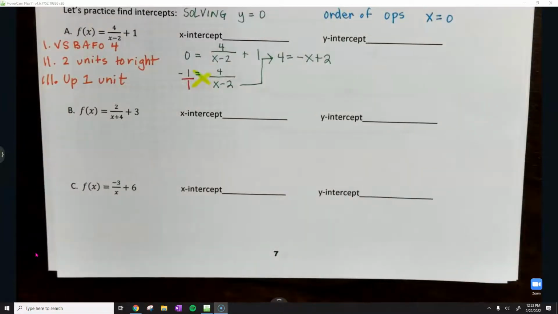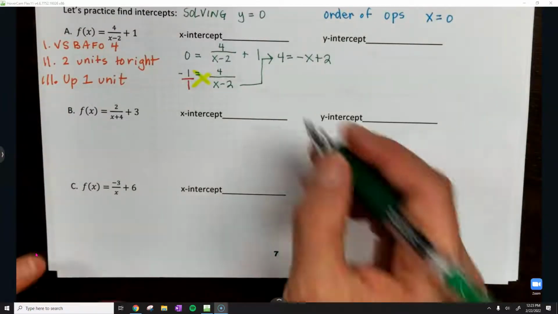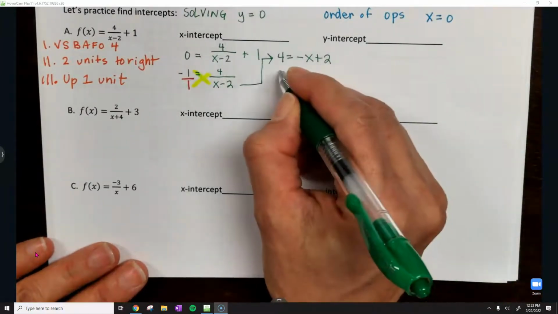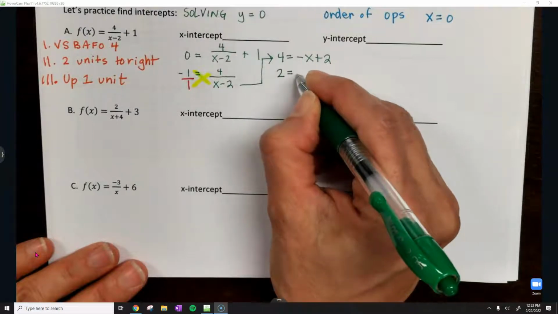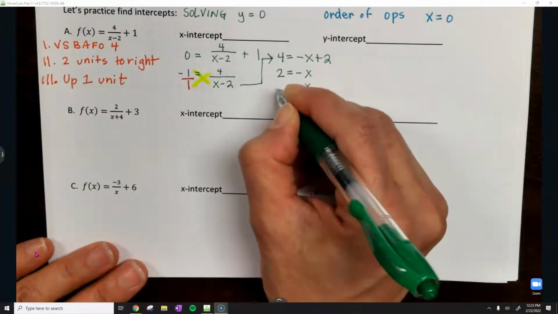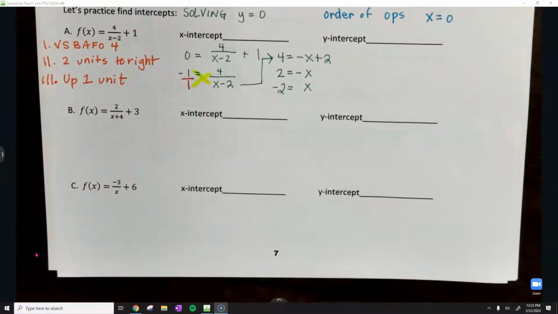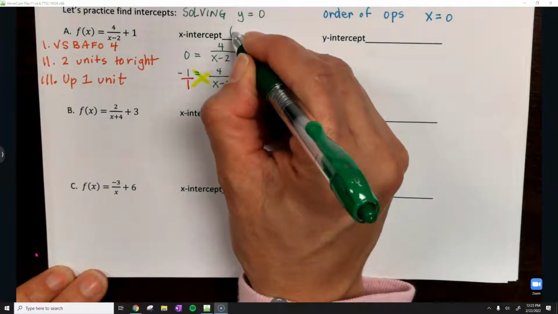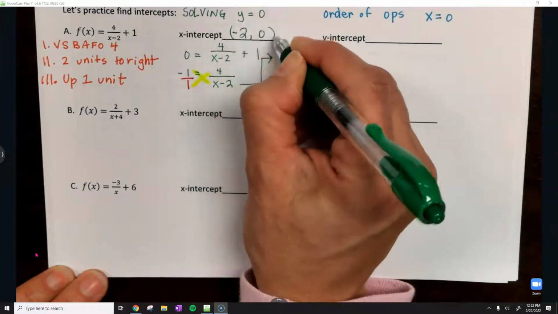And now you're ready to solve. So I'm going to move this 2 to the other side. So if 2 equals a negative x, then a positive x is going to equal a negative 2. So the x-intercept for part A is negative 2, 0.